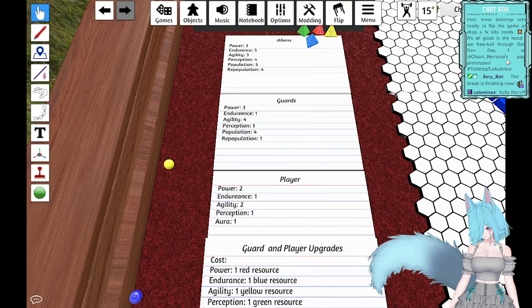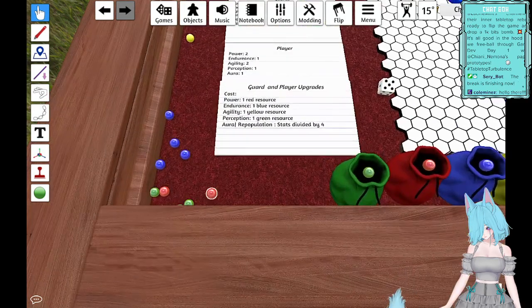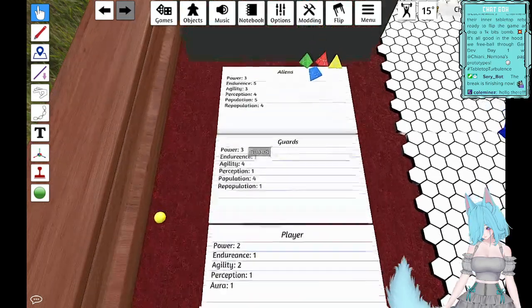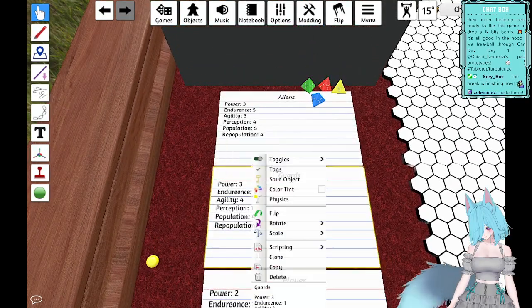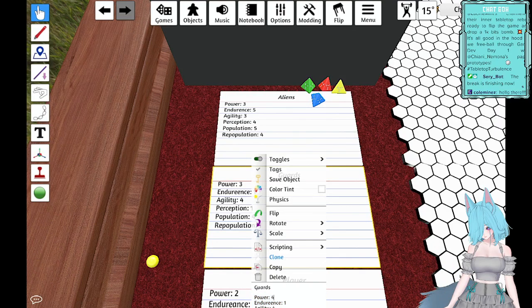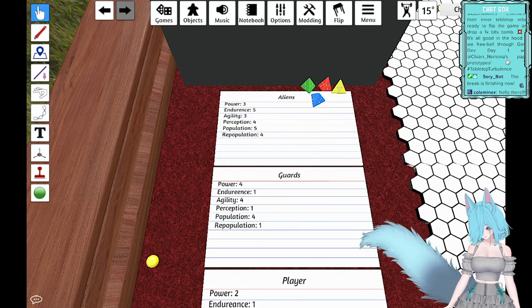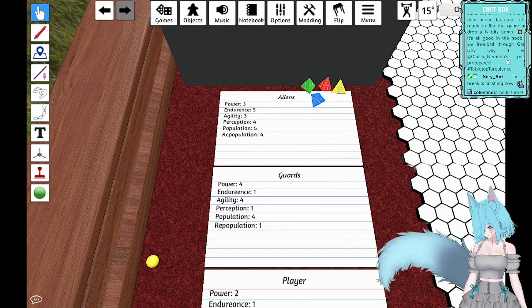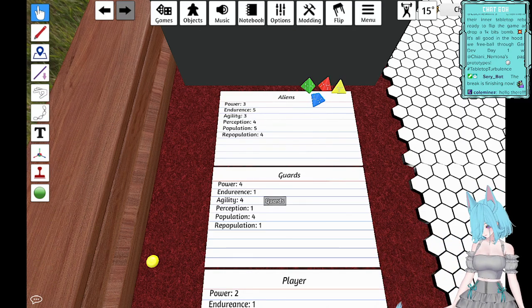Now we have 2 power. And we have 1 more power, which I'm gonna give to the guards because we're facing very powerful aliens right off the bat. So, in terms of power, we're gonna lose 1 guard.